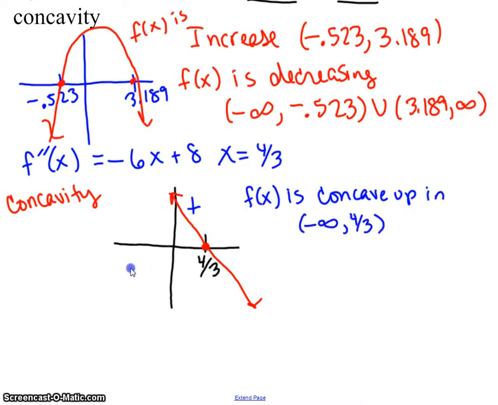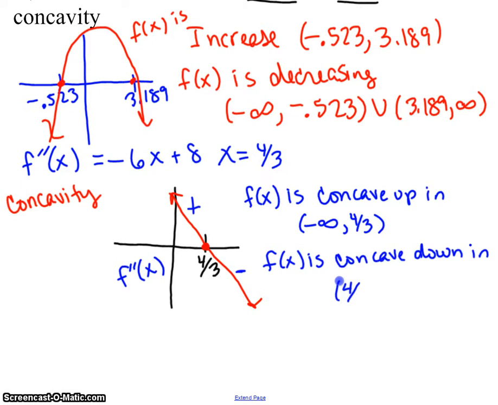When the second derivative is negative, f of x is concave down. So f of x is concave down in the interval from 4/3 to infinity.